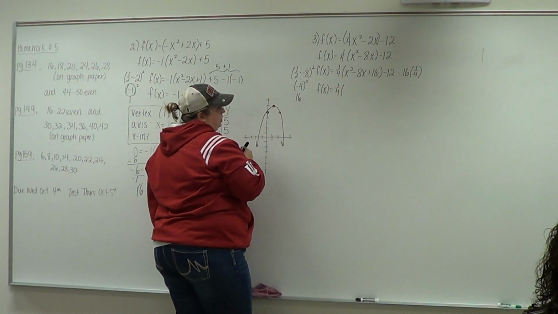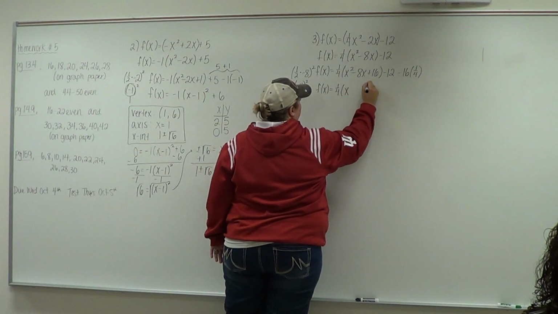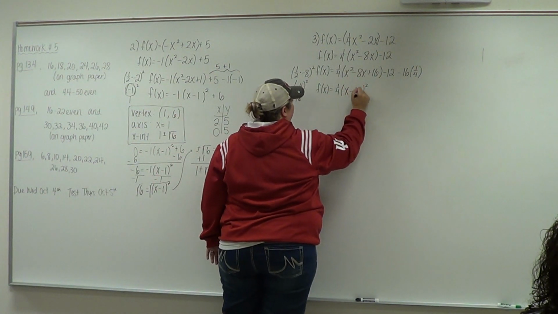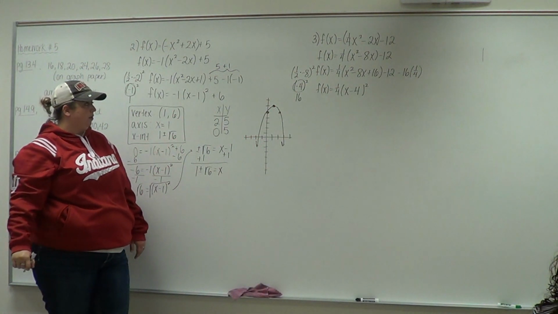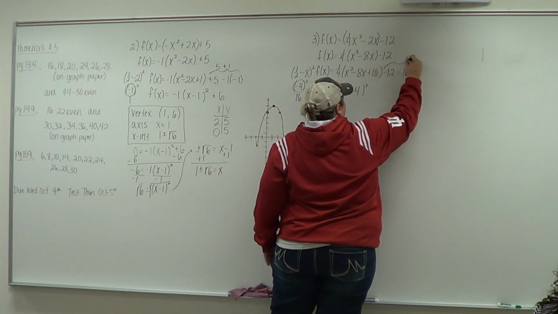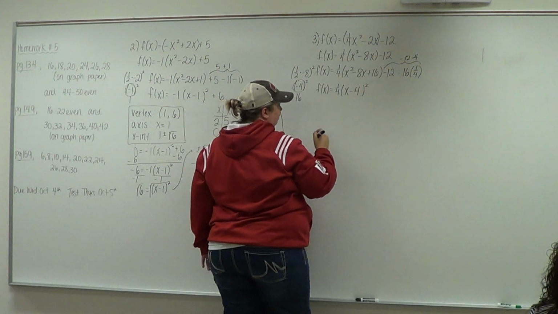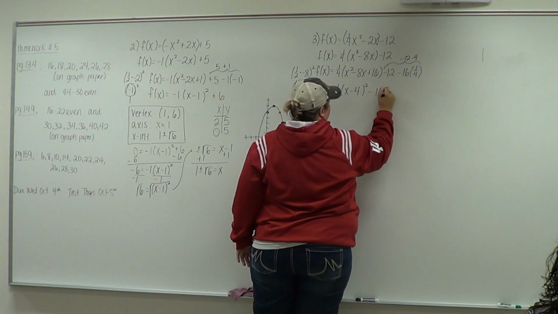What's going to go in my parentheses? x what? Minus 4, good. So x minus 4 squared is this number right here. Your half of b is the number that goes in there. And if I simplify this, that would be negative 16 minus 4, not negative 16 minus 4, negative 12 minus 4, which is negative 16.